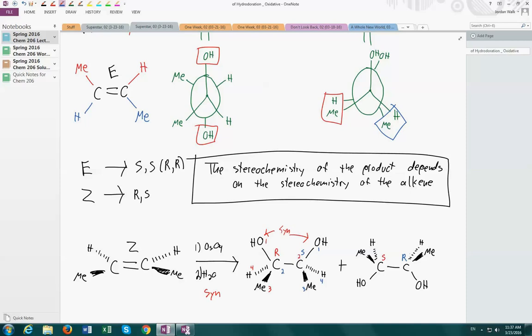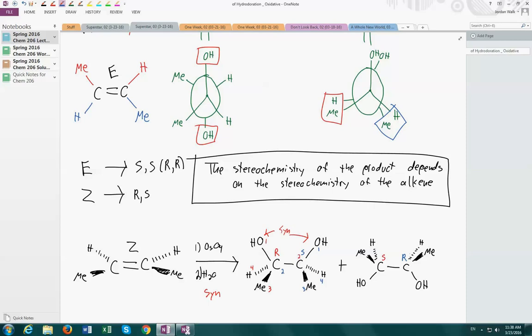Yeah, we do. And so in this case, if we start with the E double bond, we would end up with a pair of enantiomers, the SS and the RR. If we started with the Z double bond, we would end up with just one product, and in this case, it would be the meso product. Would the E stereoisomer lead to an optically active product? Yeah.